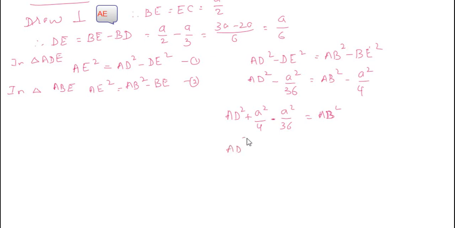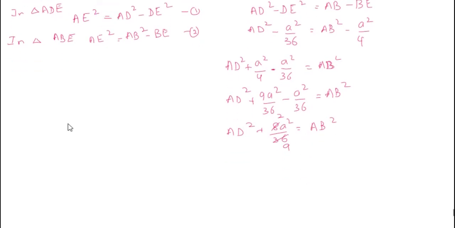Now taking the LCM, this is 36, so 4 9s are 36, this will become 9A square divided by 36 minus A square divided by 36 is equal to AB square. AD square plus 9A square minus A square, so 8A square divided by 36 equal to AB square. Now 4 2s are 8, 4 9s are 36.